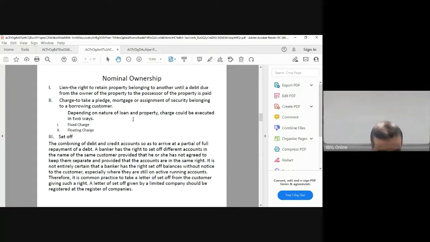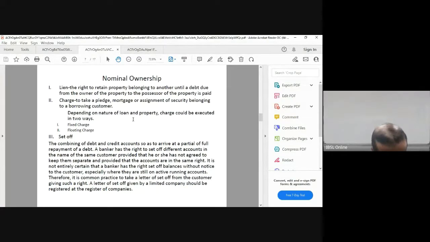Set off is the ideal way to have the right. This is the combining of debit and credit accounts to arrive at a partial or full repayment of a debt. The banker has the right to set off different accounts in the name of the same customer, provided that he or she has not agreed to keep them separate, or provided that the accounts are in the same right.